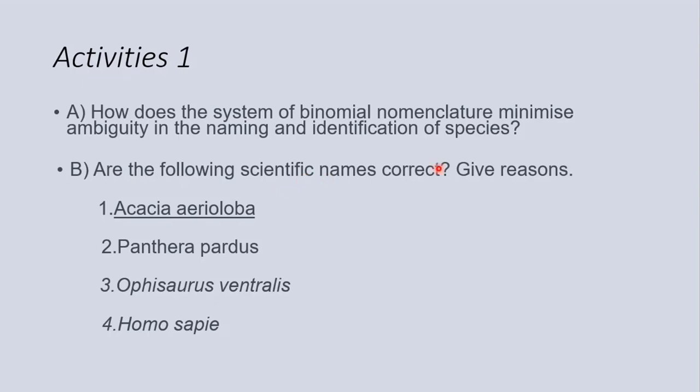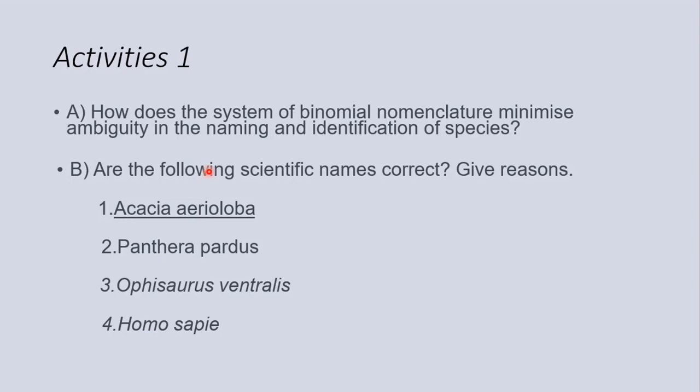Are the following scientific names correct? Give reasons. So right there, this question, although I did not include the marks, I don't know if in your tutorial or in your notes they indicated the marks. But this one, I would say it's 1, 2, 3, 4.